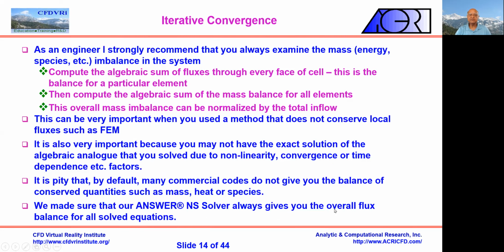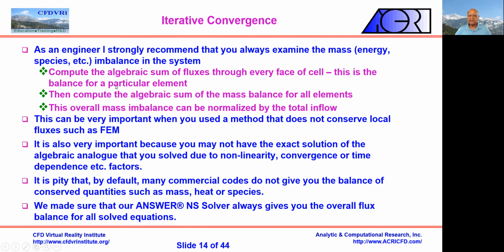On iterative convergence, I strongly feel, as an engineer, and strongly recommend that after you solve the equations with whatever residue criteria, you always examine the mass balance, or if it's a thermal system, then the thermal energy. If it's species transport, then the species, whatever it is; examine the total mass imbalance in the system. If something is coming in, something is going out, something is inside, how much is missing? So compute the algebraic sum of fluxes through all the cell faces.